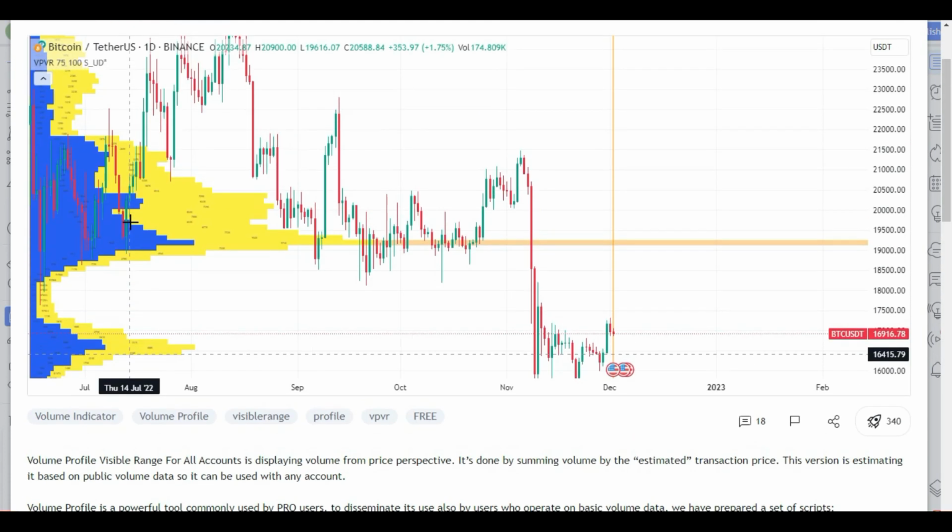And this script is free of charge. Some trader created a script and put it here, and instead of paying for the script, you can use a free one just in the way I show you.